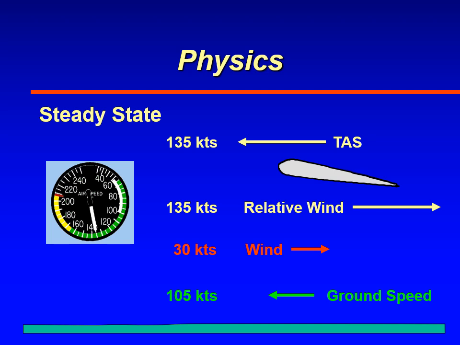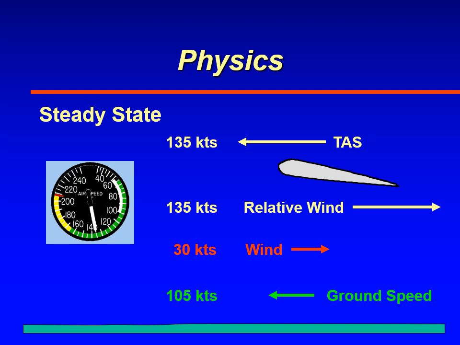And if that air mass is moving, then the wing doesn't see that air moving past the wing. That's the wind, and actually the wing is moving with that air mass. So you could say hypothetically, if the wind was 135 knots, then the wing would be hovering right above the ground.